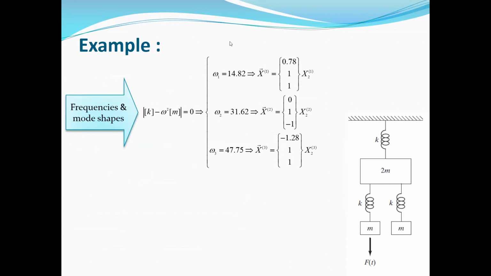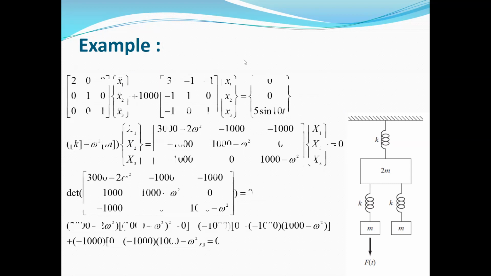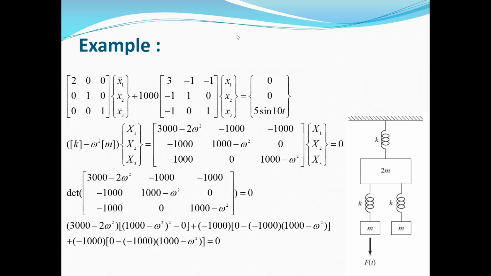So if you want to calculate this, here we have matrix M. The mode shape transpose is a vector array which is 0, 1, and minus 1. Of course, we have x2, I will write it at the end.